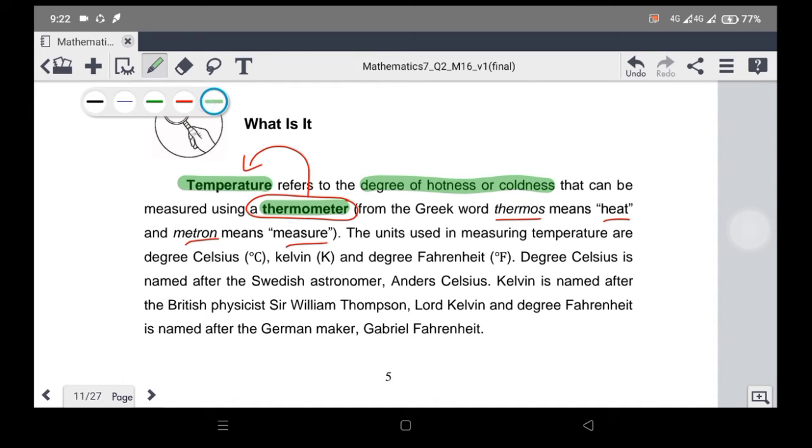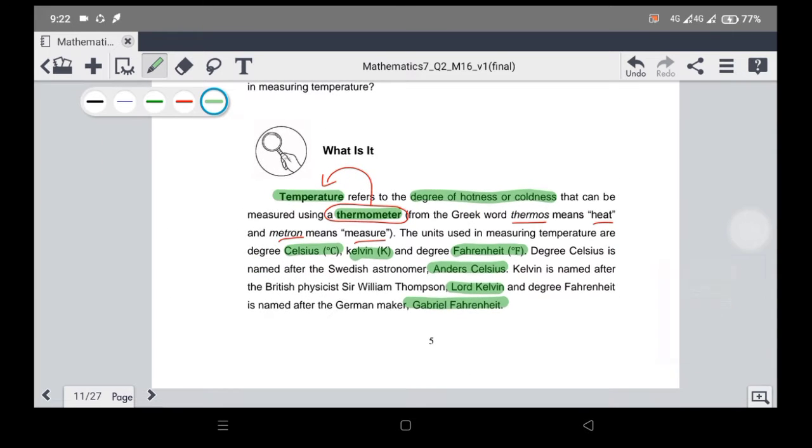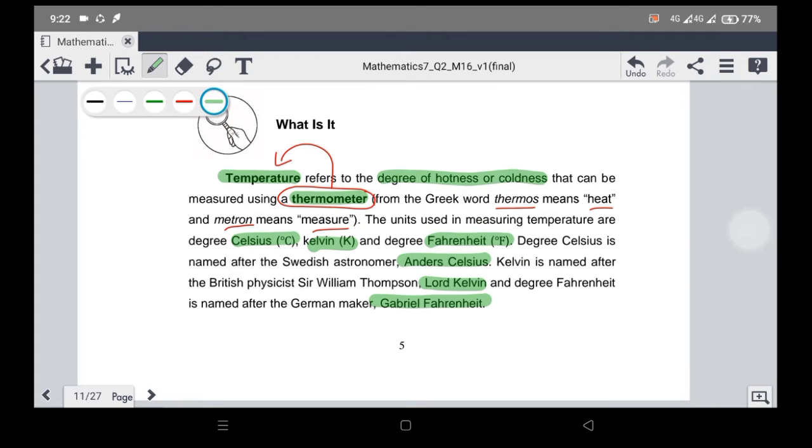The units used in measuring temperature are degree Celsius, Kelvin, and degree Fahrenheit. Degree Celsius is named after a Swedish astronomer, Anders Celsius, while Kelvin is named after the British physicist Sir William Thomson, known as Lord Kelvin, and degree Fahrenheit is named after the German maker Gabriel Fahrenheit. So those are where the names Celsius, Kelvin, and Fahrenheit came from.